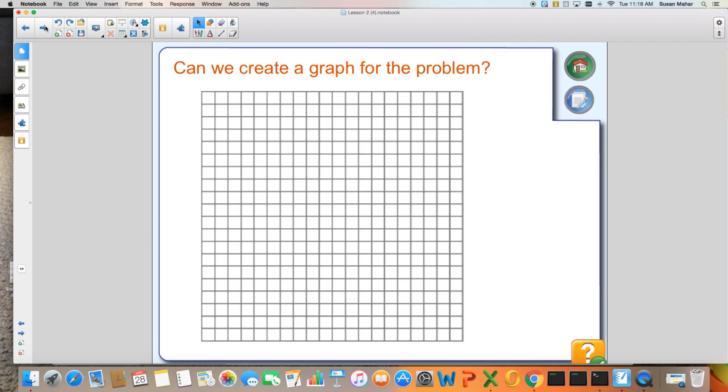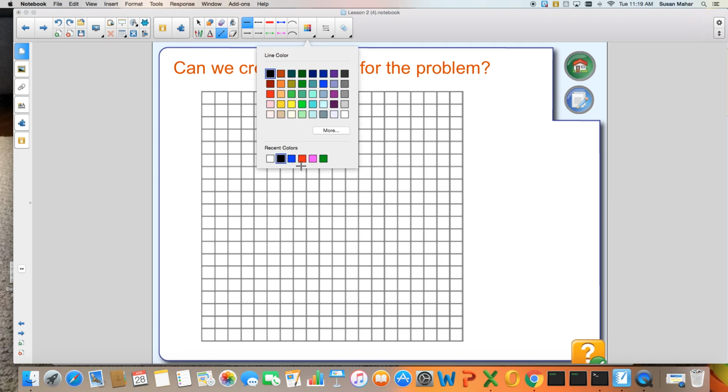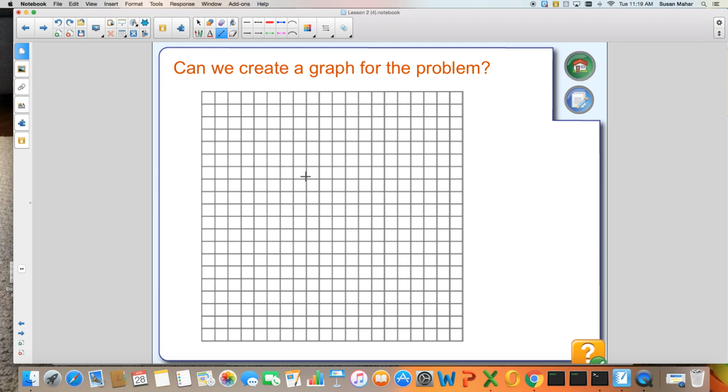Now, can we create a graph for this? Let's think back to what we know about graphing. We're going to be graphing in 4 quadrants. So we need to divide our graph paper, and you are going to need some graph paper for this. We're going to divide it into 4 quadrants.